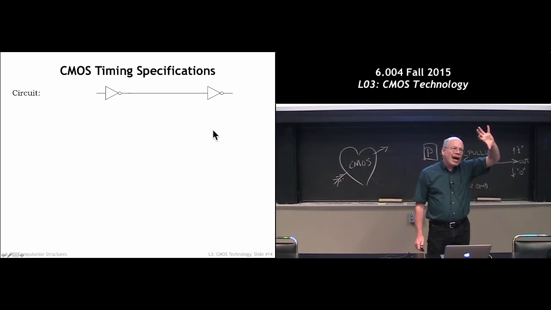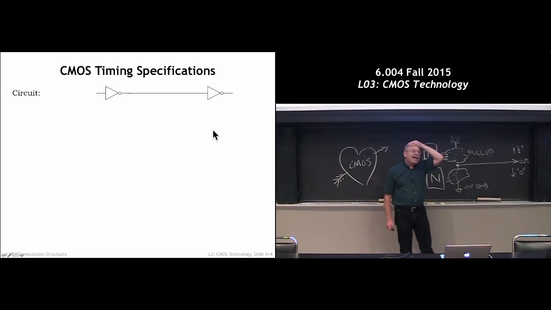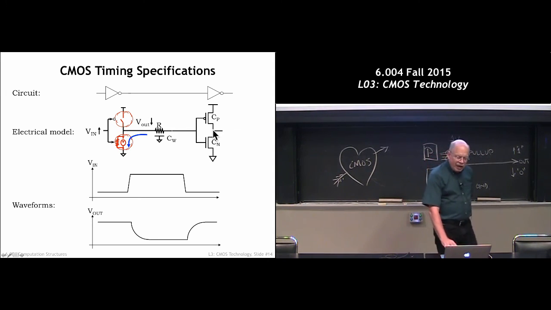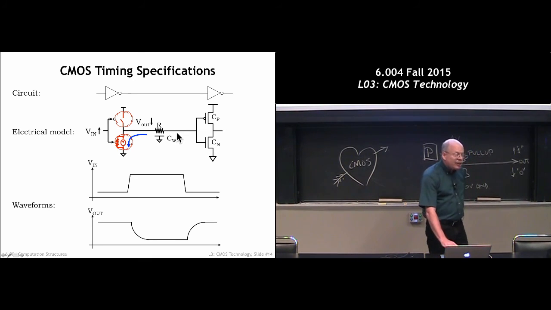So we've talked about functionality. Let's talk a little bit about timing. I said these gates are very fast. How do we actually measure the performance of a gate? Here's the gate that we're measuring. This is an inverter with a P channel pull up and an N channel pull down, or maybe it's a more complicated circuit, but whatever it is, it's a CMOS gate. Out here we have some other downstream gates representing the capacitive load, in other words, the things that are going to end up slowing down how quickly this node can change.